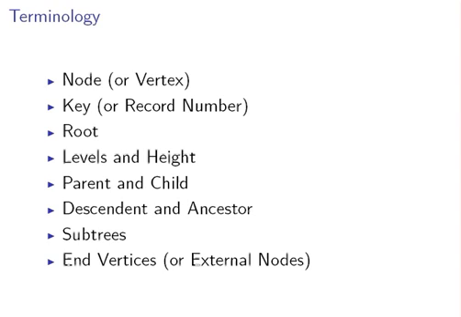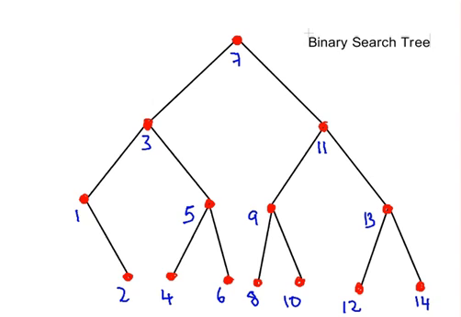The next thing we're going to look at is the root, levels, and height. The root is the top vertex, the top node, and it is used to represent the start of a process. So this is the root, and it's at level 0. We call that a level 0.